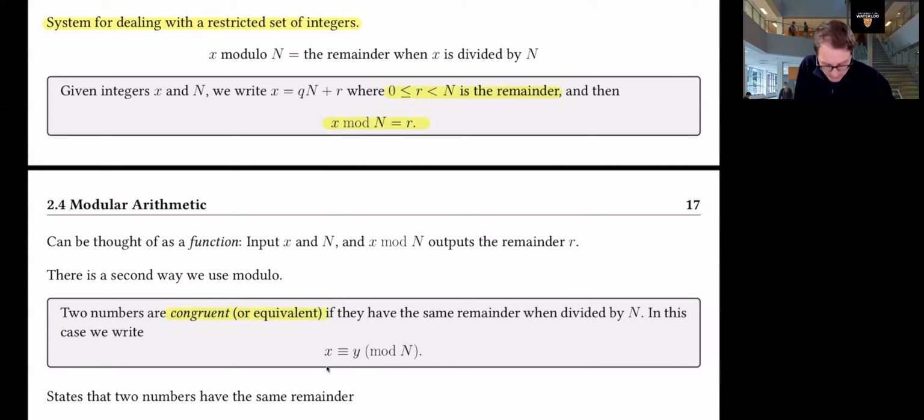In this case, we write x, and then we write this equals sign with 3 horizontal bars, which is the equivalence sign. We write x is equivalent to y, and then n is in parentheses.